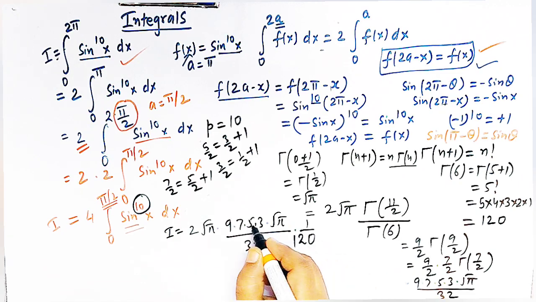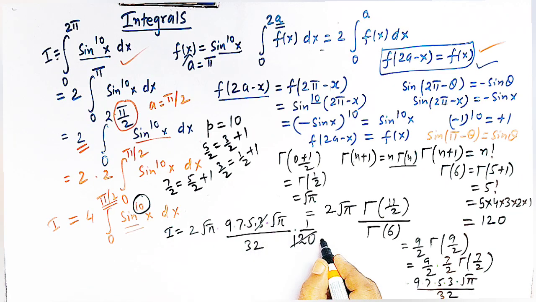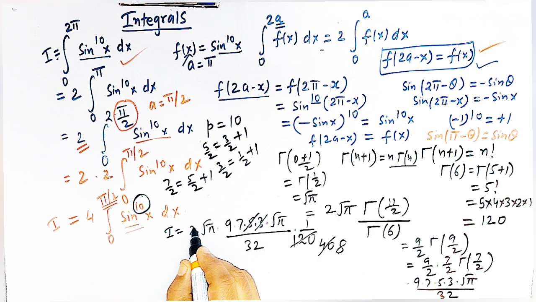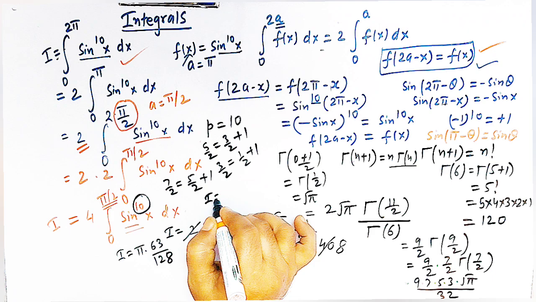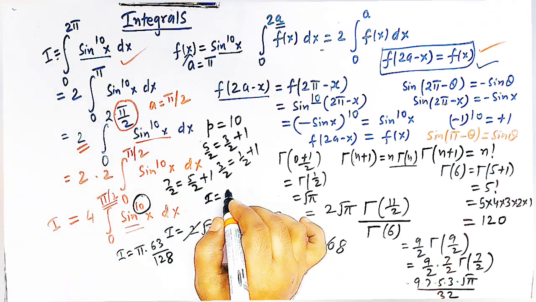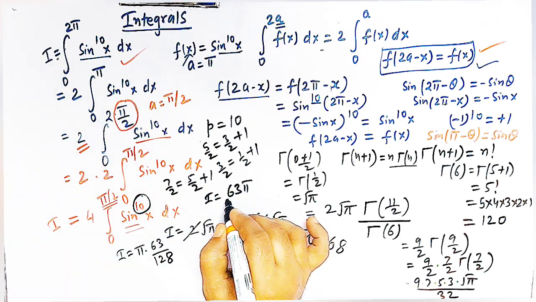Now we have 3 times 40, 5 times 8, and 2 times 16, right? So the value of the integral I can be written as square root of pi times square root of pi, which is pi, times 9 times 7 is 63, over 16 times 8, which is 128. So the required value of this integral I is 63 pi over 128.